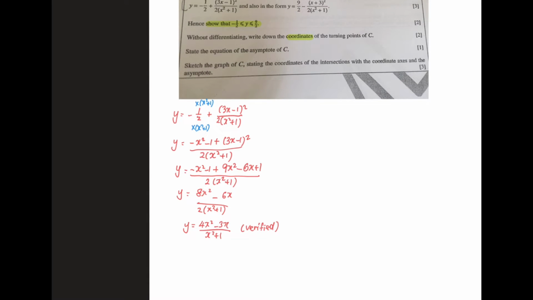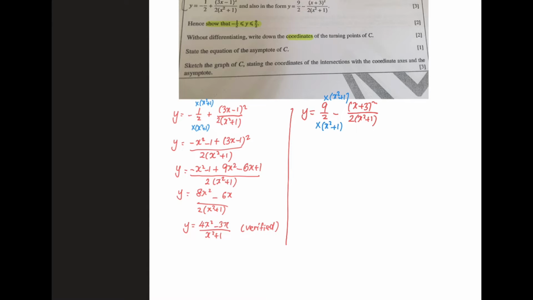So likewise for the other one, they give us y equals 9 over 2 minus (x plus 3) squared over (x squared plus 1). We can just verify it the same way, where we multiply with x squared plus 1 up and down.